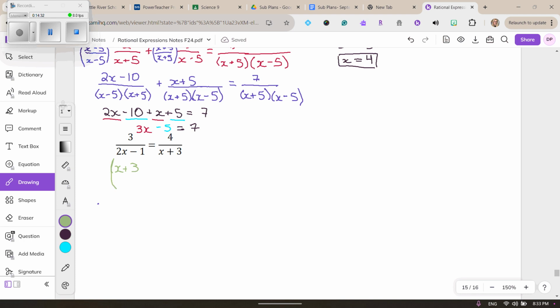Okay, so I'm going to multiply the first side by x plus 3. And know that these types of equations here are quite common on the diploma exam, where there are two separate binomials involved. So the left-hand side needs to be multiplied by x plus 3, and then the right-hand side needs to be multiplied by 2x minus 1. So you saw this strategy when we were doing adding and subtracting as well.